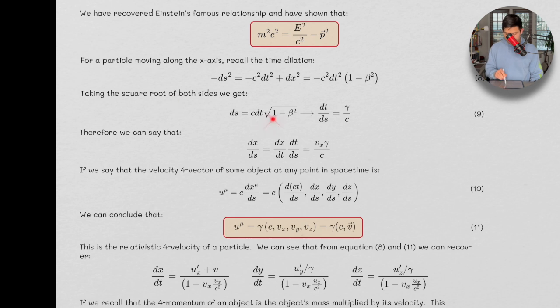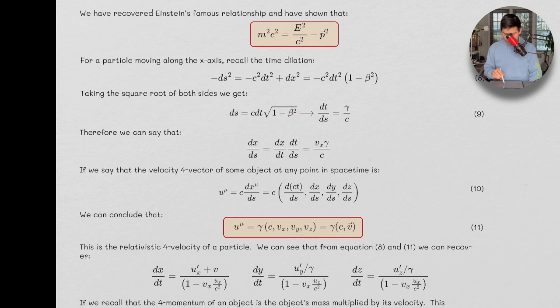All right. So taking the square root of both sides, and we'll see also why this works, right? When we take the square root of both sides, well, we get ds equals c dt, taking the square root of these, okay? Well, this then is just gamma, right? So we could say that dt over ds, we divide both sides by ds, and we get 1 over gamma, right?